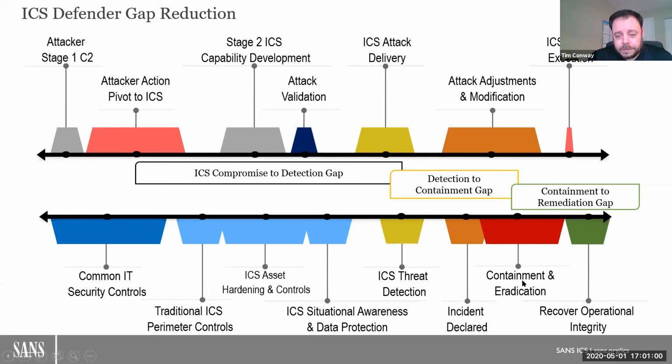Then you move into containment and eradication, where you start to find what is the risk of operating in contested territory and decisions that need to be made within some operational environments. Are we putting the physical assets at higher risk by doing unscheduled shutdowns and unscheduled maintenance so we could perform the containment and eradication? Or is it lower risk to leave it compromised or contested, depending on what the particular malware is?